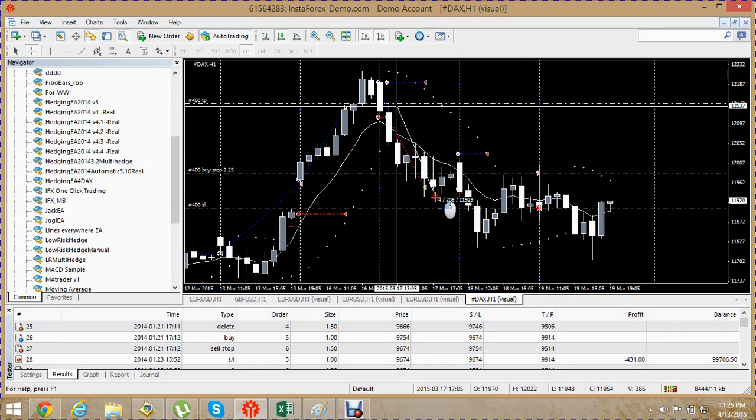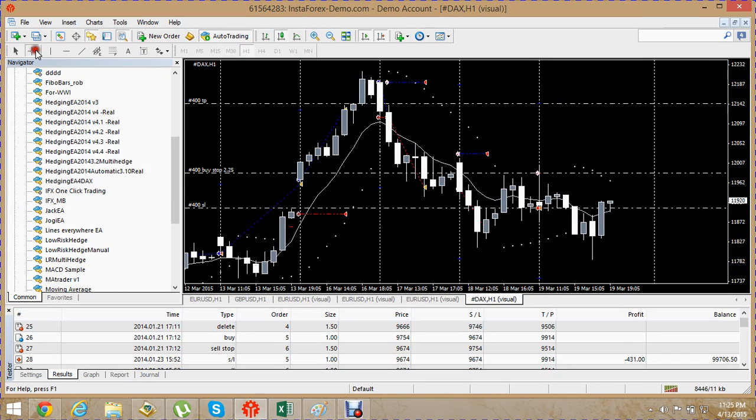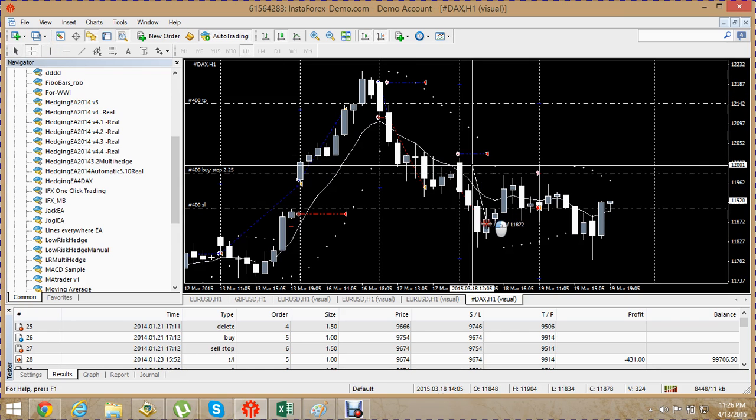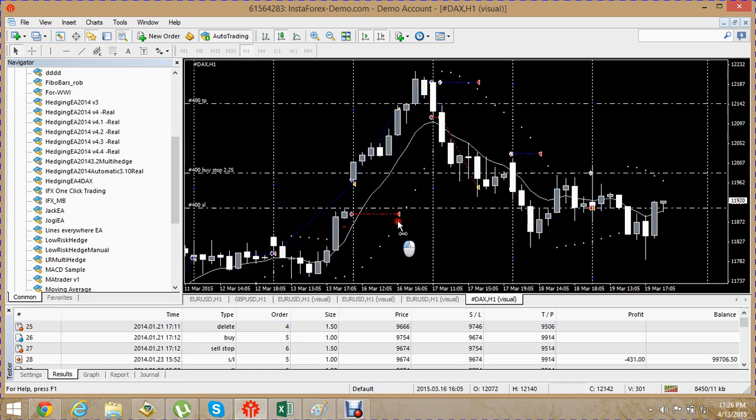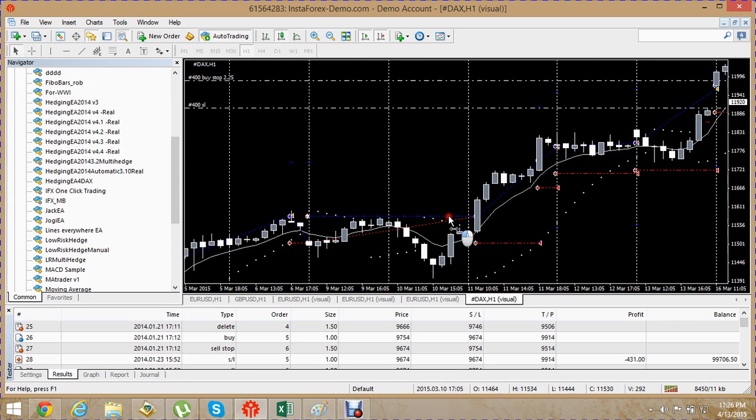As you can see here, it moved about 200 pips on this day, and this day was also more than 200 pips. This day was also more than 160 pips, which is our target, and so on and so forth.